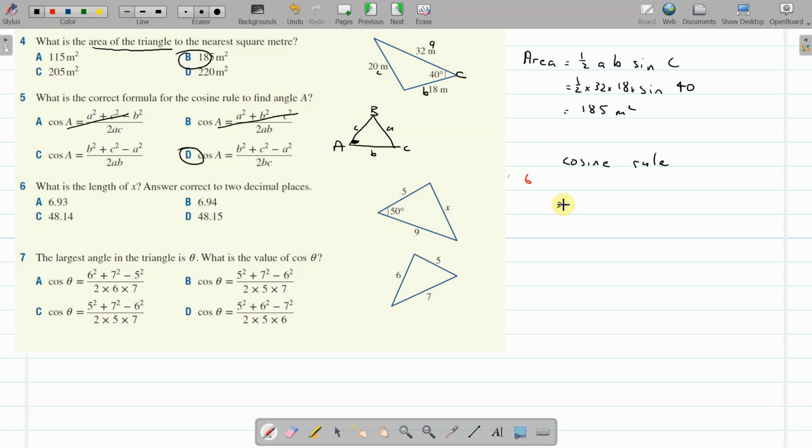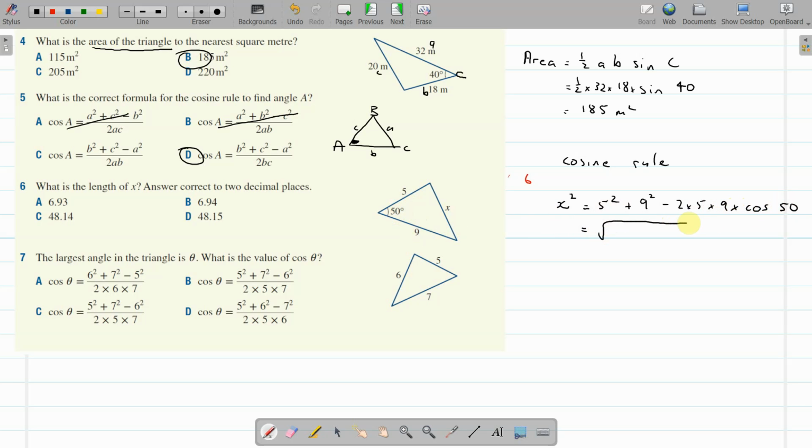So here is the formula: x squared equals 5 squared plus 9 squared minus 2 times 5 times 9 times the cos of 50. Basically, these two sides are key and the angle between them.